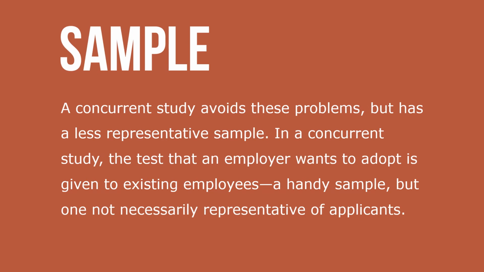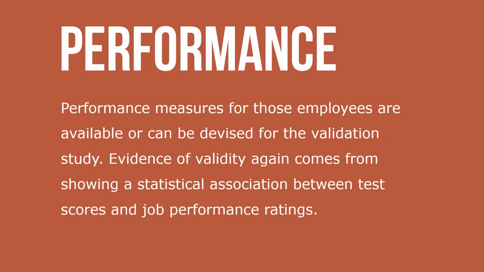A concurrent study avoids these problems but has a less representative sample. In a concurrent study, the test that an employer wants to adopt is given to existing employees, a handy sample, and one not necessarily representative of job applicants. Performance measures for those employees are available or can be devised for the validation study.